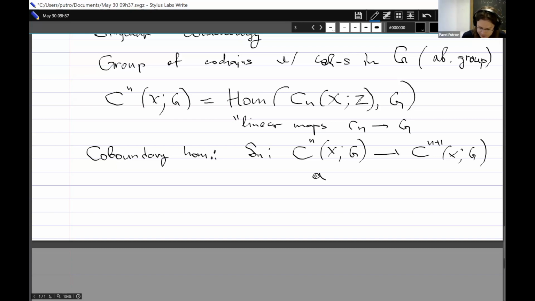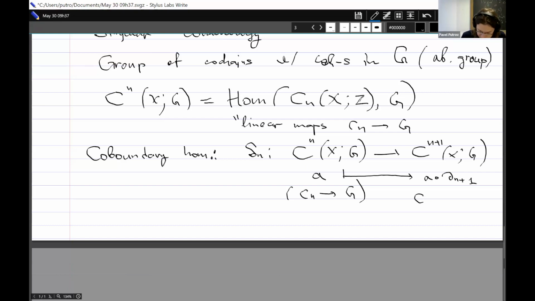If you have some element a, it can be understood as a linear map from Cn to G. We map it to the composition of a with the boundary homomorphism.